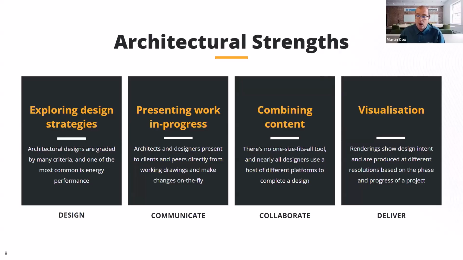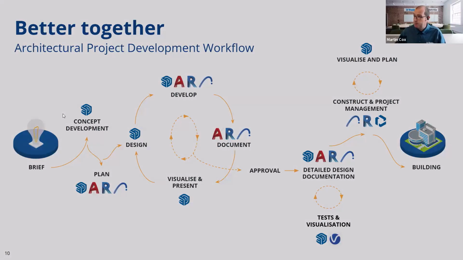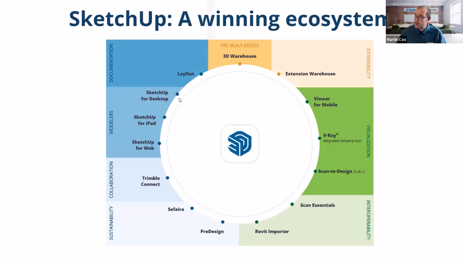And this is done by a SketchUp ecosystem. Now, SketchUp is not just a 3D modeling application. People think of SketchUp and they think just that modeling application. Now, if we look at this ecosystem layout here, SketchUp for desktop, whoops, sorry, wrong slide, there we go. SketchUp for desktop is just that one part there. We also have SketchUp for iPad and SketchUp for web as well.